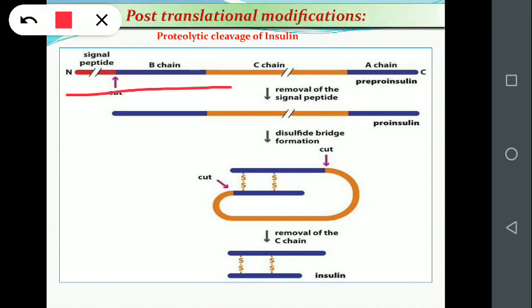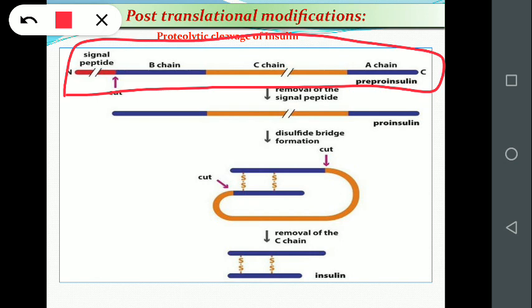You have a very long polypeptide chain of precursor protein, that is pre-proinsulin. This has a signal peptide, which is not going to be part of the active insulin. It is only for the delivery of the protein from the synthetic site to outside of the cell, secretion into the circulation.